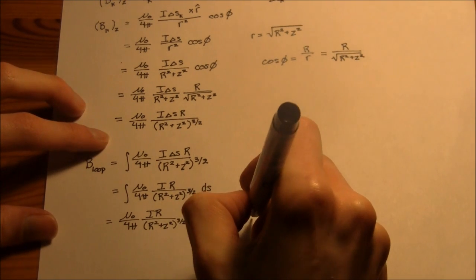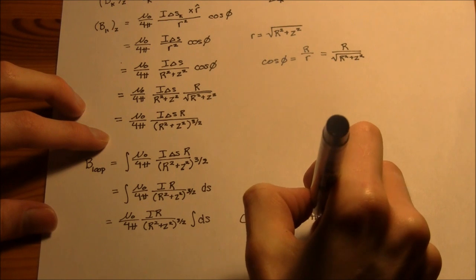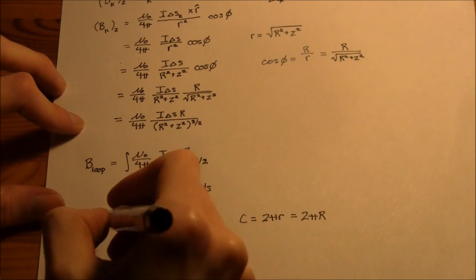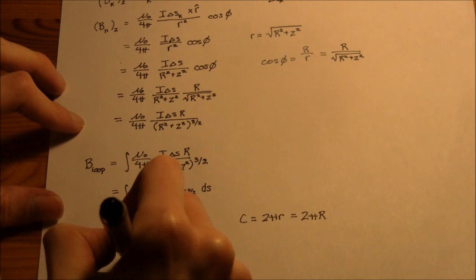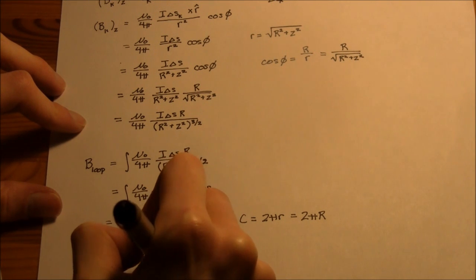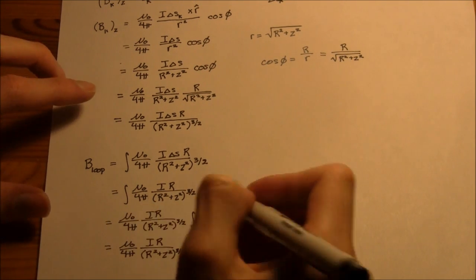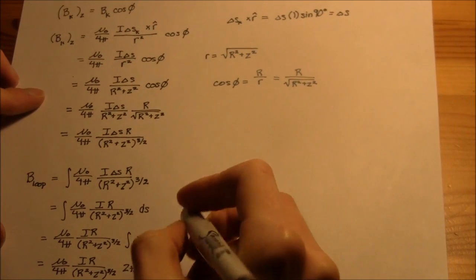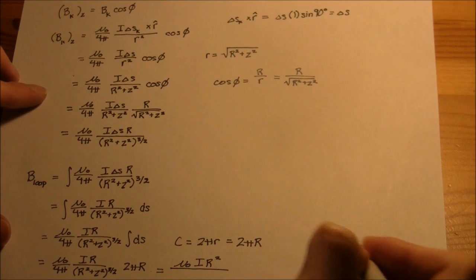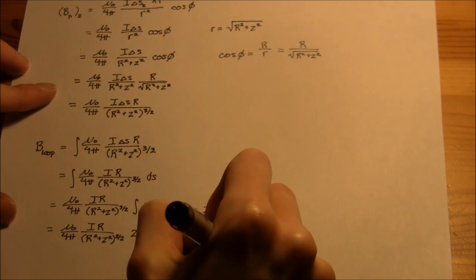So since the circumference of a circle equals 2 pi R, and the radius of our loop here is capital R, the integral of dS is equal to 2 pi R. So you get mu naught over 4 pi I R over R squared plus z squared to the 3/2 times 2 pi R, which you can then simplify to mu naught I R squared over 2 times R squared plus z squared to the 3/2.